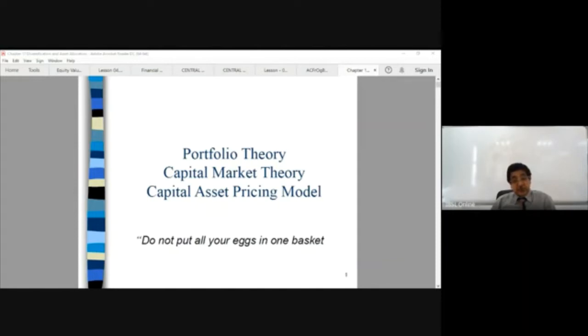So this beta is a very critical factor in the capital asset pricing model, which is described as: the equilibrium return is equal to the risk-free return plus the risk premium times beta. So that's a very important relationship.